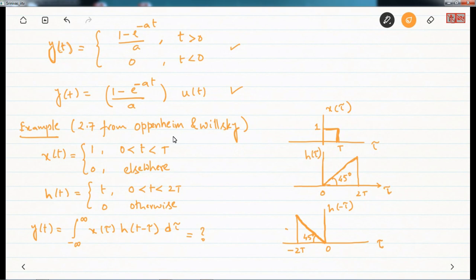Okay. Now let me go to the previous page. Sorry, this pen is changing, there is some problem with this.